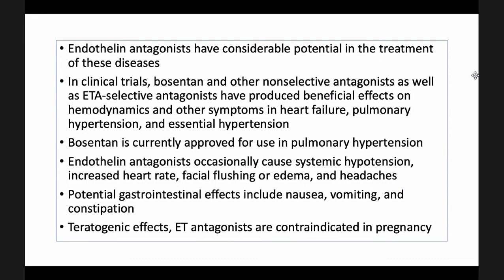And endothelin antagonists occasionally can cause systemic hypotension and increased heart rate and facial flushing or edema and headache. So these are some of the adverse effects of the drug. The potential GI effects include nausea, vomiting, and constipation. It has also been known to have teratogenic effects.